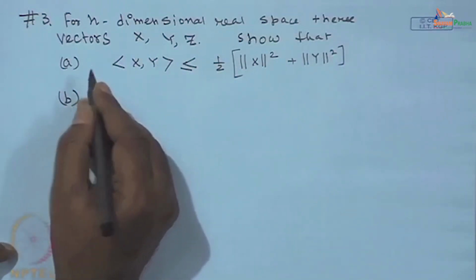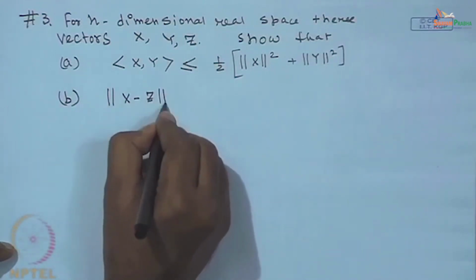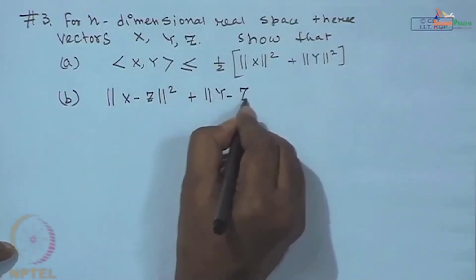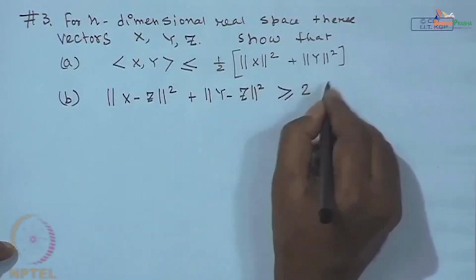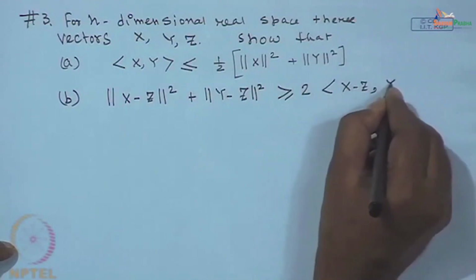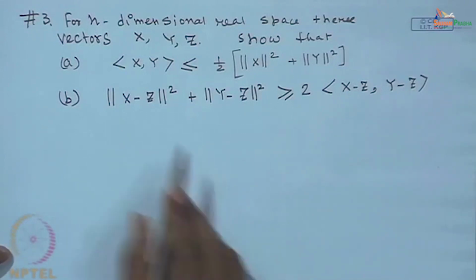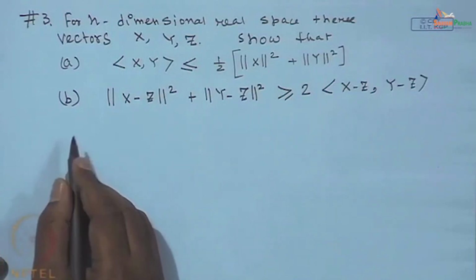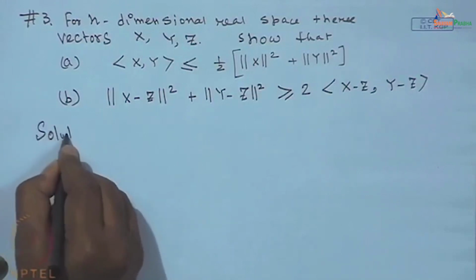The second relation we have to show is that norm of x minus z square of that plus norm of y minus z square of that should be greater than or equal to 2 times the inner product between x minus z and y minus z. And these x, y, z are three general vectors having n number of real valued elements each. So, let us look into the solution.